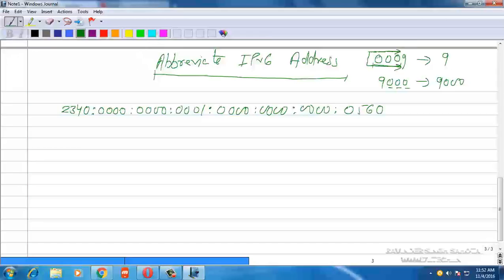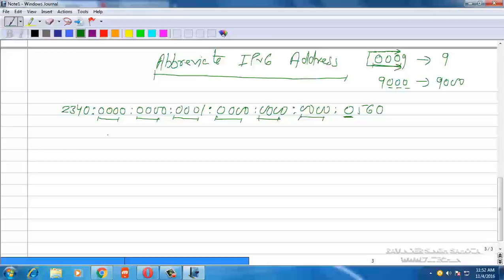So in the second quartet, as you can see, there are 4 zeros. So you can remove these 3 leading zeros in the second quartet. Similarly, you can remove these 3 leading zeros in the fourth quartet. Similarly, 3, 3, 3, and in the last quartet, this single zero, which is a leading zero, can be removed.